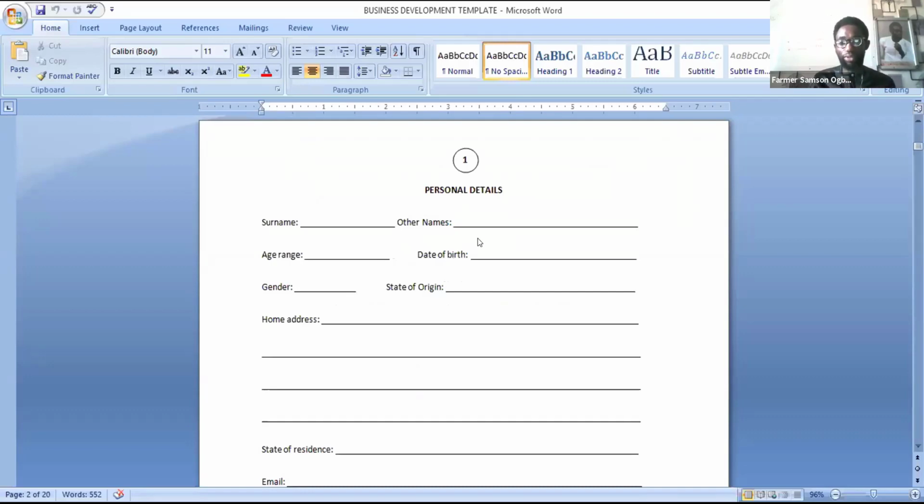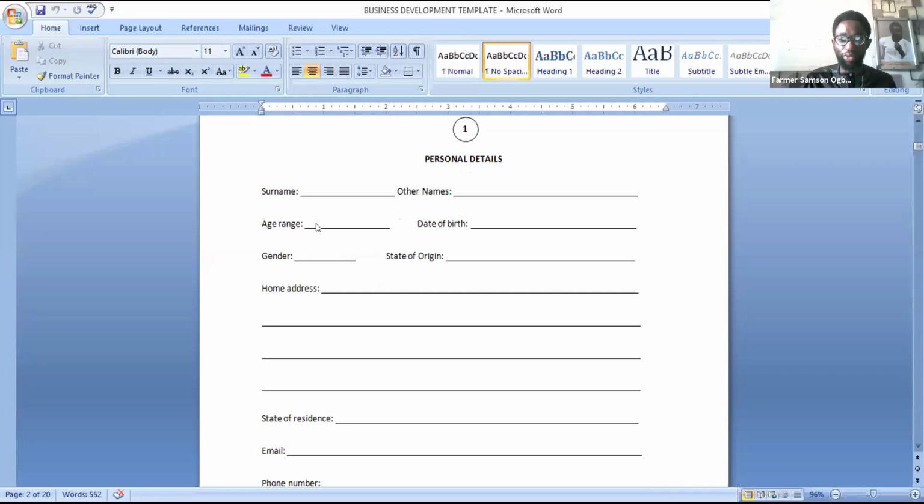For example, if your driver's license has your surname as John, other names as BC Akonde, it should follow the same format, because we are still going to request your ID card information. So it should align. Don't write your name as Akonde BC if your ID card says BC Akonde, to avoid issues.